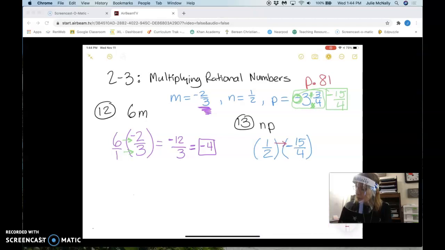So again, multiply the top numbers, then multiply the bottom numbers. 1 times negative 15 is what? Negative 15. And 2 times 4? Good. And that is it. Yes, Elizabeth.